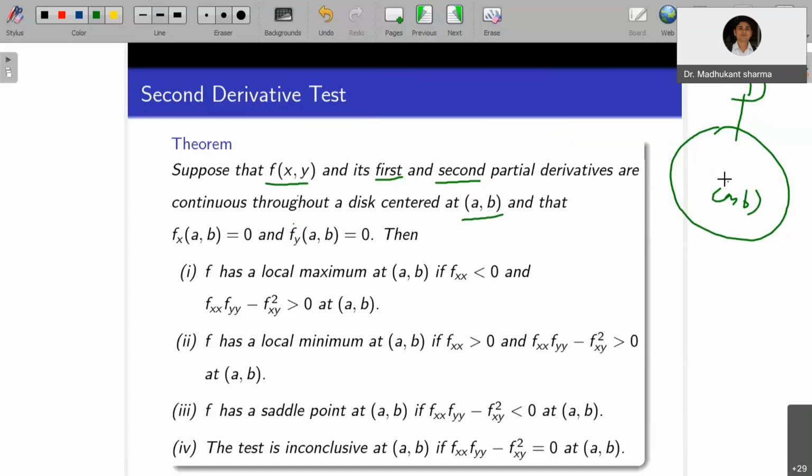So certainly when you mention that this point is a critical point, it means that both fx and fy must be zero. Okay, so that's obviously true when you say that (a, b) is a critical point.